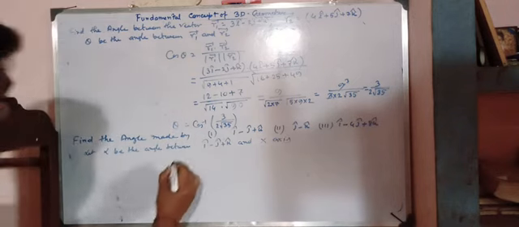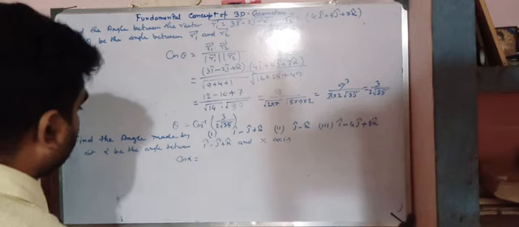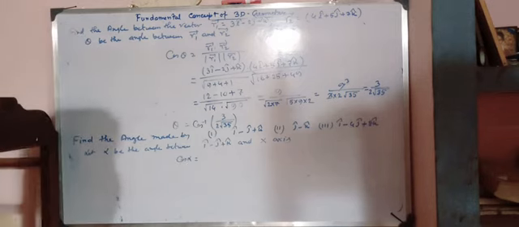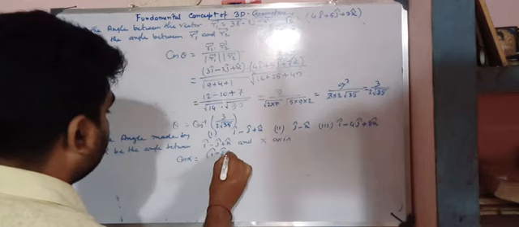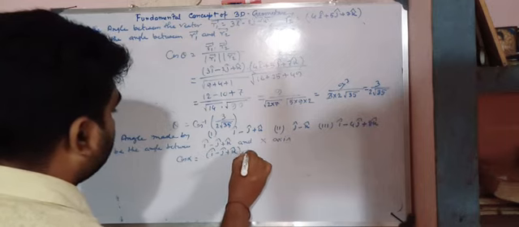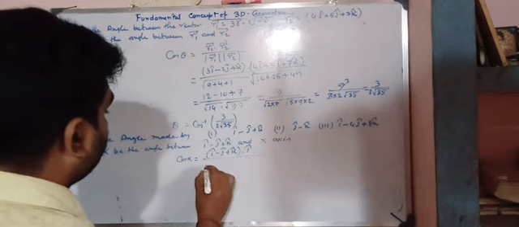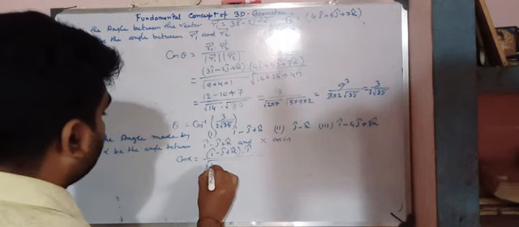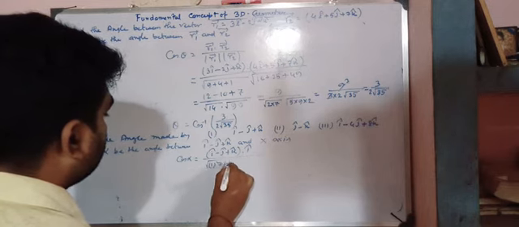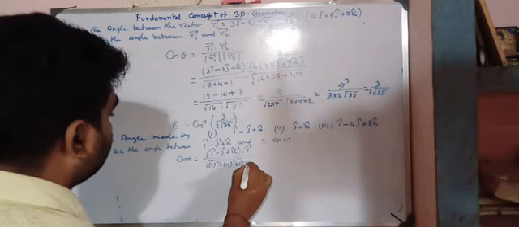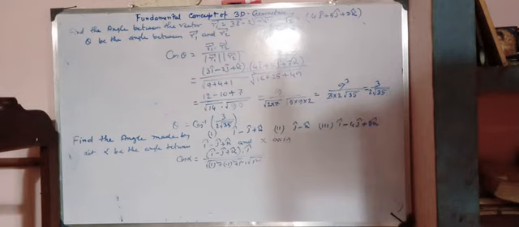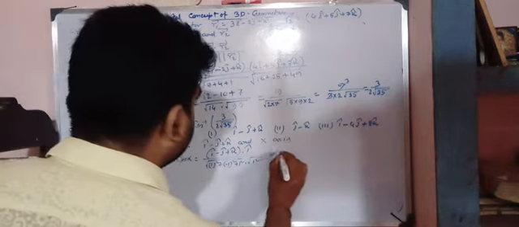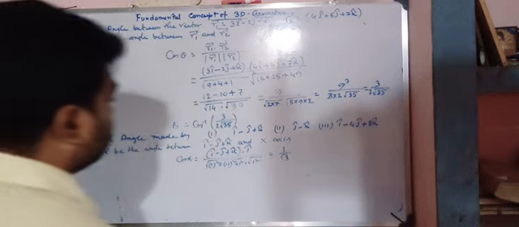So cos alpha is equal to i minus j plus k dot i divided by root over of 1 square plus minus 1 square plus 1 square into root over of 1 square. Hope you understand that. So that is equal to 1 by root 3.